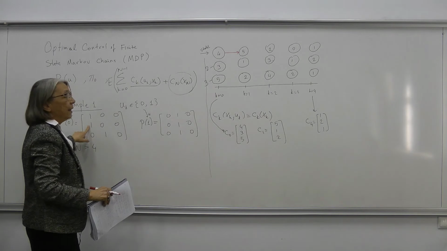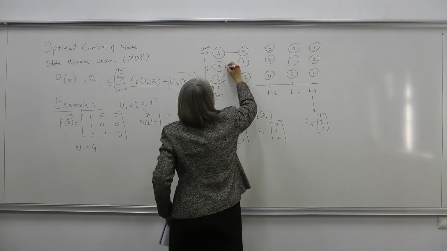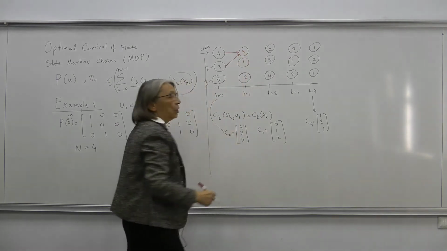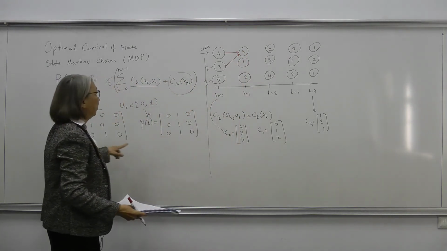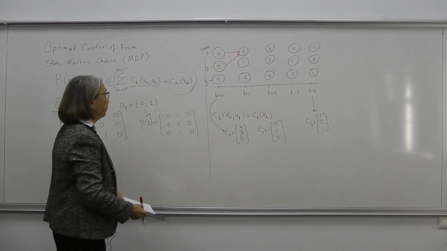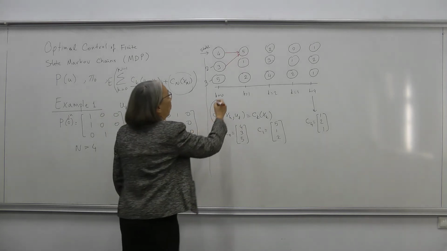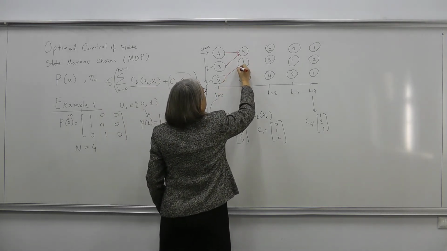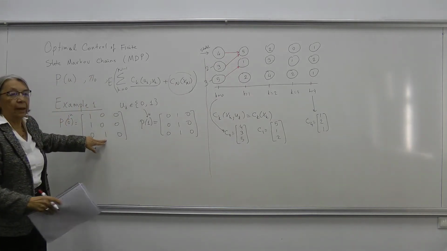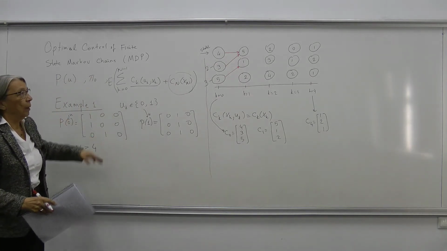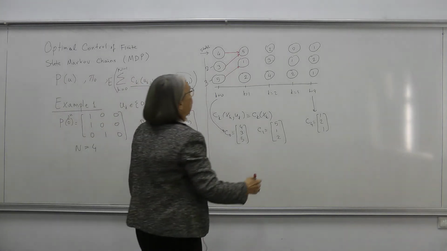And when we are in state number 2, then we go to state number 1 with, again, probability equal to 1. And if we are in state number 3, then we go to state number 2 with probability 1, so that this is the only way of reaching those states.